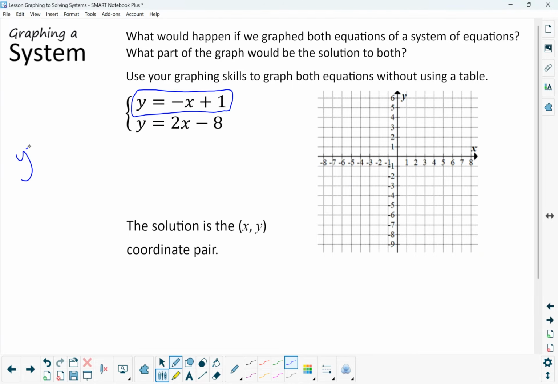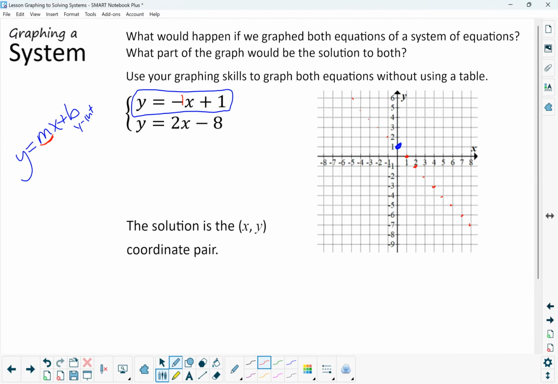Lines are often in the form slope multiplied by x plus the y-intercept. y equals mx plus b is a really common form for a line. So for our first line, our y-intercept is 1, and our slope is negative 1. The slope is the number in front of x. So we're going to go down 1 over 1 to create that line.